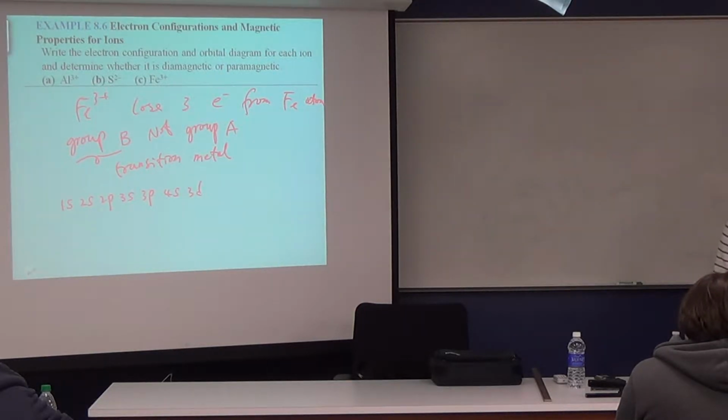Okay? So let's add in the electrons. And we have 2, 2, 6, 2, 6, 2. And Fe is not an exception, so I will add in all the electrons just regular like that. Right? Now the problem is you want to get Fe 3 plus.